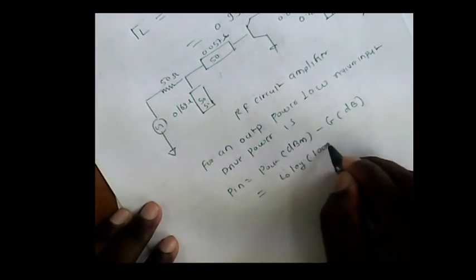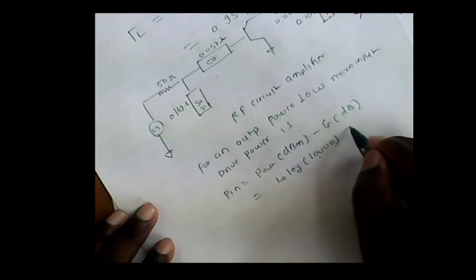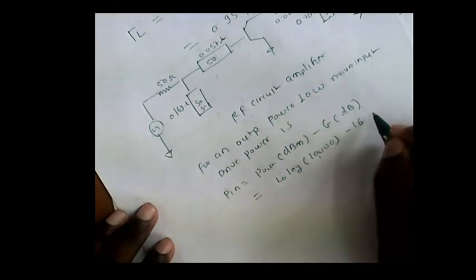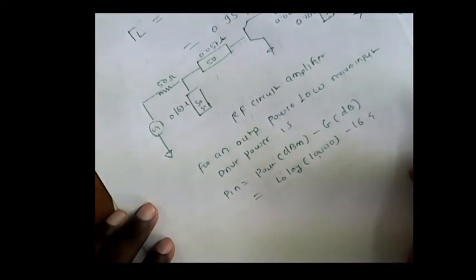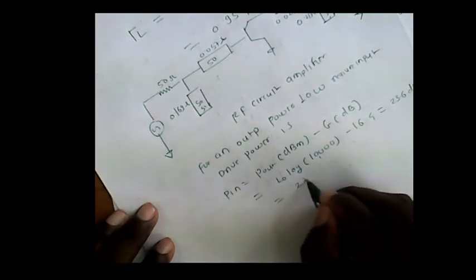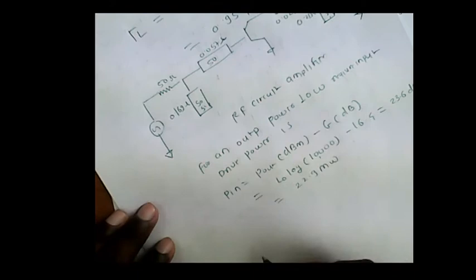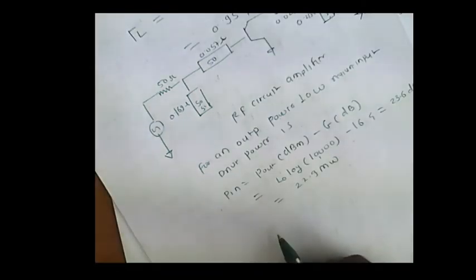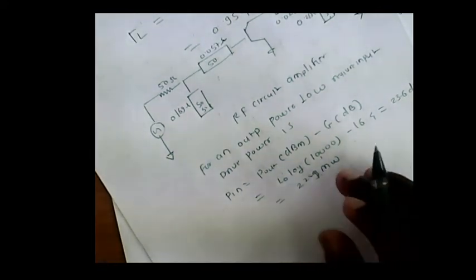We put the values: 10 log of 10,000 minus 16.4, the given gain, which comes out to 23.6 dBm, or 22.9 milliwatt. So the input power is 22.9 milliwatt or 23.6 dBm.